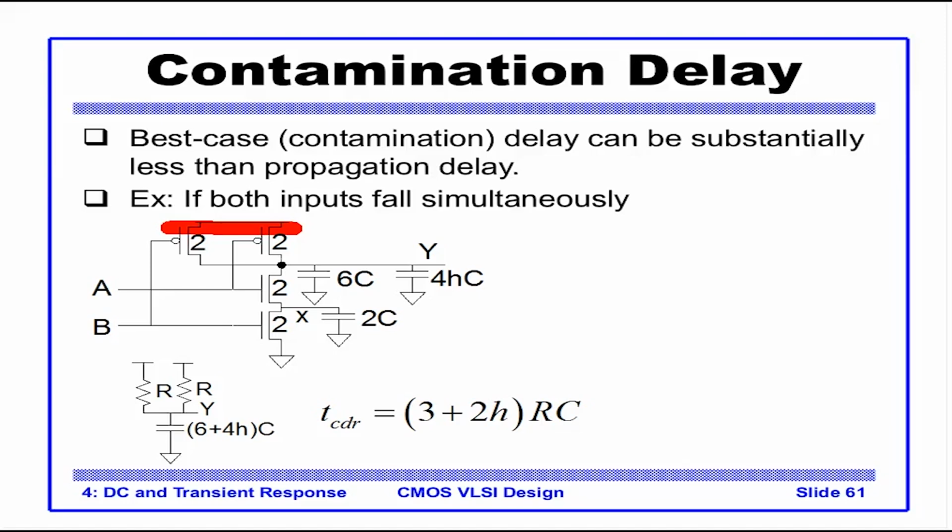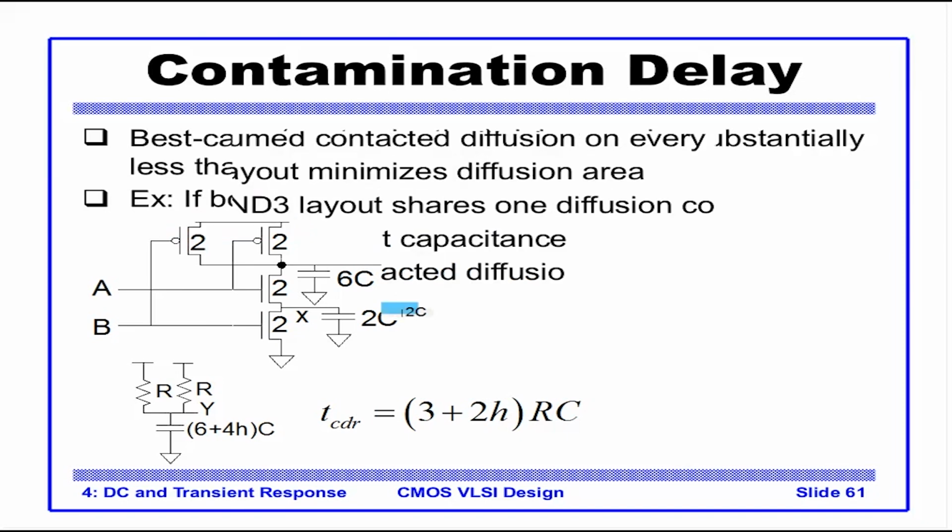We are only interested in the delay whenever only one of the inputs is falling. How do we tackle it during digital design is a separate topic altogether. I am not sure this is in scope of this course, but there might be a mention of it when we do synthesis and timing analysis. Just keep this in mind that contamination delay is one unwanted factor, and usually the delay part is not part of our calculation. Okay.